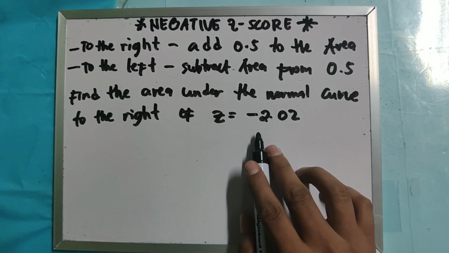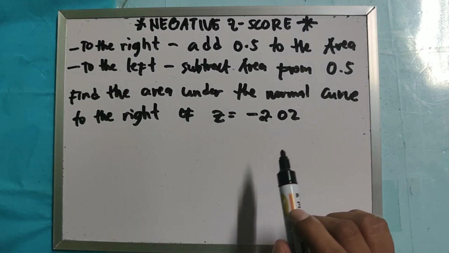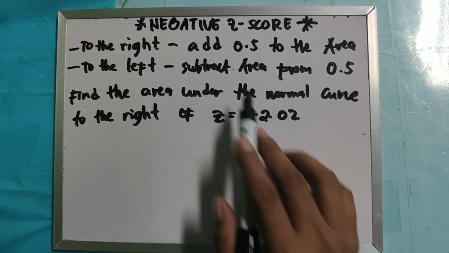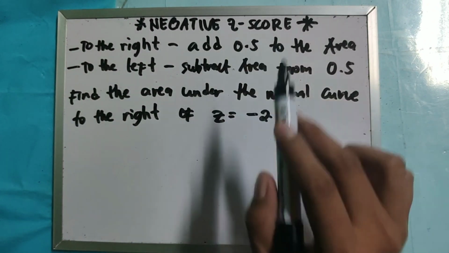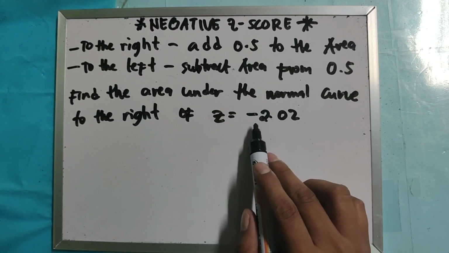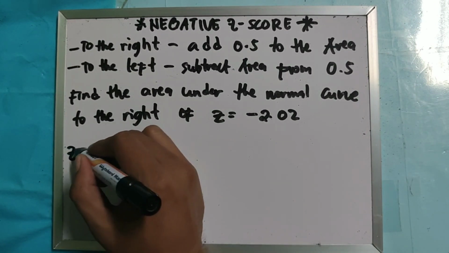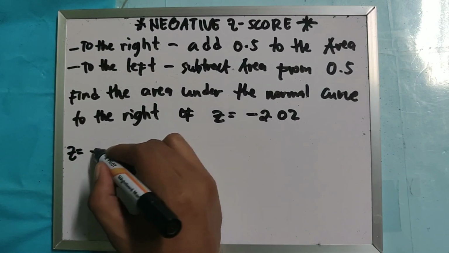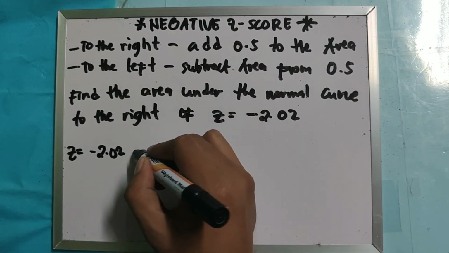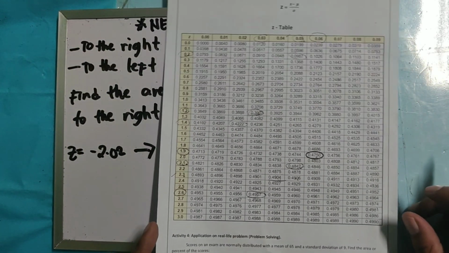To the right of negative. So, okay, let's start. So, the first consideration, dapat negative yung z natin kasi we are focusing on the negative z-score. Yes, it satisfies. So, negative z-score, negative 2.02. So, anong unang gagawin natin? We are going to find the area of negative 2.02, use the z table again, class.